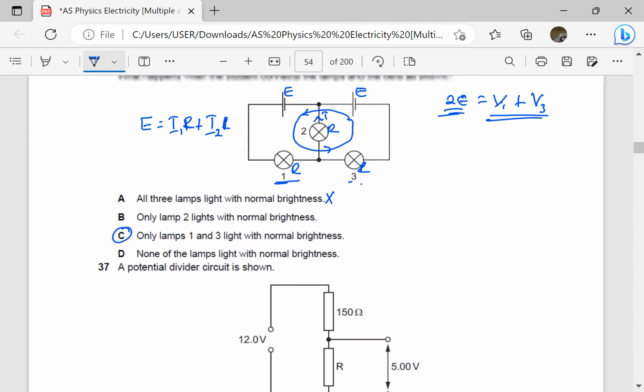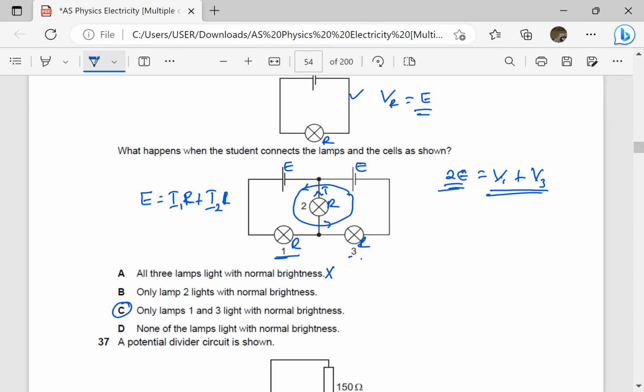Oh, by the way, I can take you back here and use Kirchhoff's laws fully. For the first loop, E is equal to V1 plus V2.